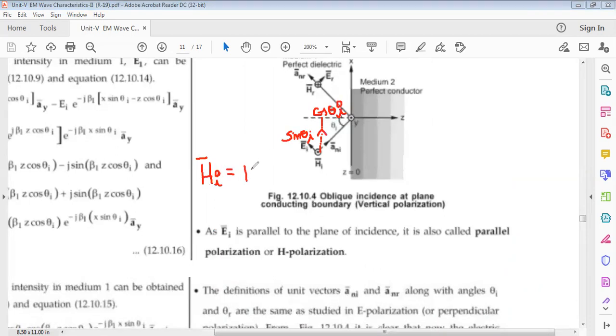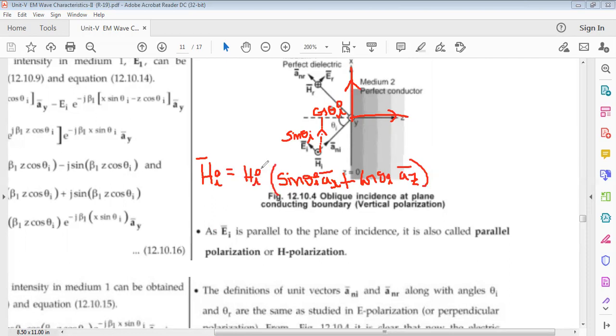So Hi bar is equal to Hi, a constant magnitude, into sin theta i into ax bar plus cos theta i into az bar, where x is positive and z is positive in these directions.